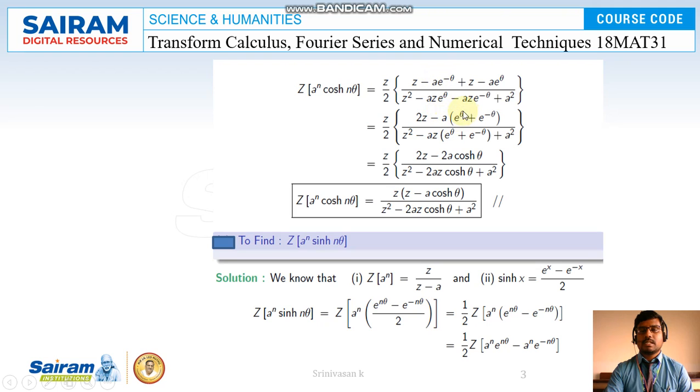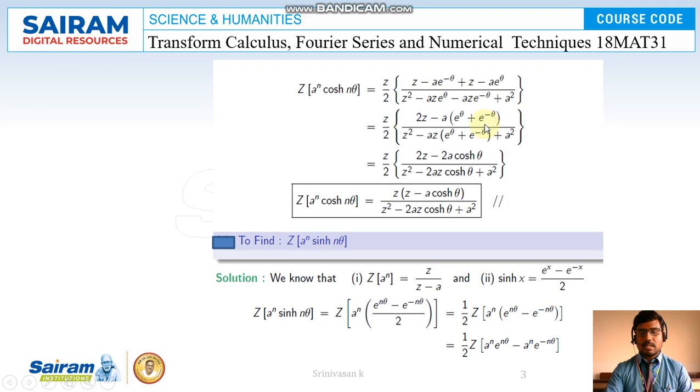The remaining term is e power theta plus e power minus theta. In the denominator, the second and third terms have az common; taking az outside, we get e power theta plus e power minus theta. The other term is a square.